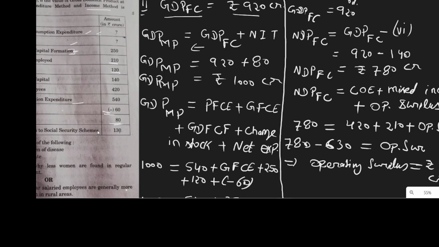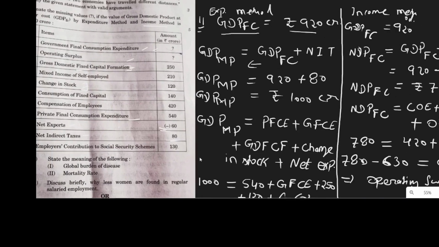So these two are the correct answers, and you have seen very well how to find two separate values, and to use separate methods to find each value. So here two methods were involved in the same question, and two different components we had to calculate, which were used in either of the methods. One, government final consumption expenditure in expenditure method, and operating surplus in the income method. That's all. Thanks.